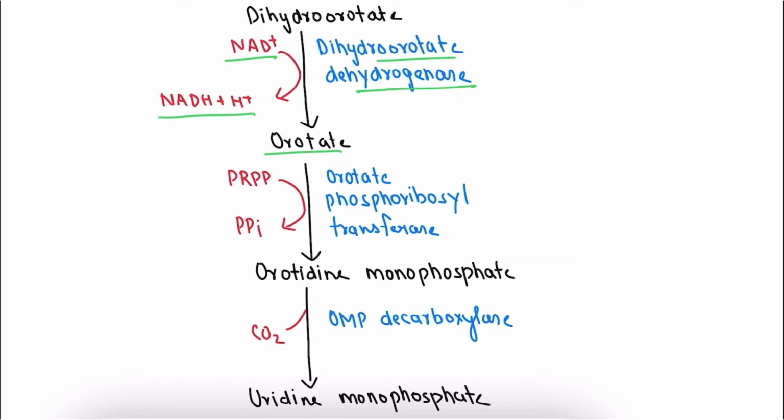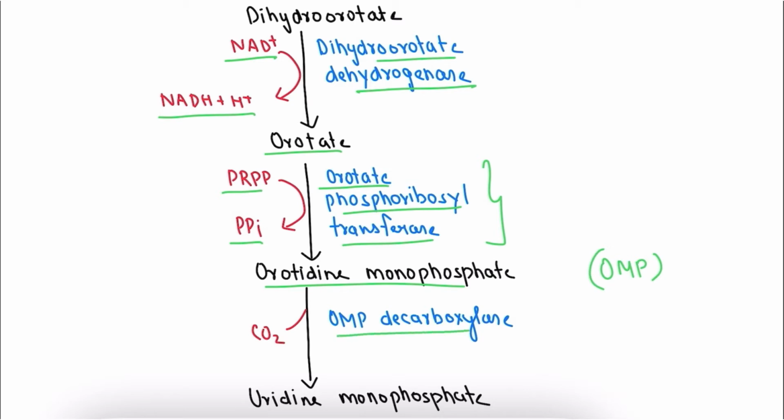Now in the next step, orotate gets converted into orotidine monophosphate, and this enzyme is very important. You have to memorize this enzyme, orotate phosphoribosyl transferase, and the PRPP gets converted into inorganic pyrophosphate. Orotidine monophosphate, you can remember this by OMP. Again this OMP in presence of enzyme OMP decarboxylase gets converted into uridine monophosphate, which you can remember by UMP.